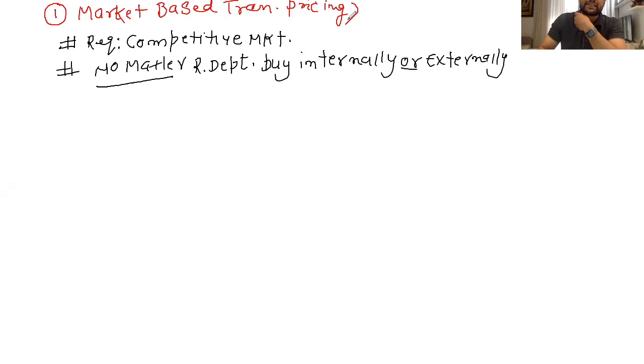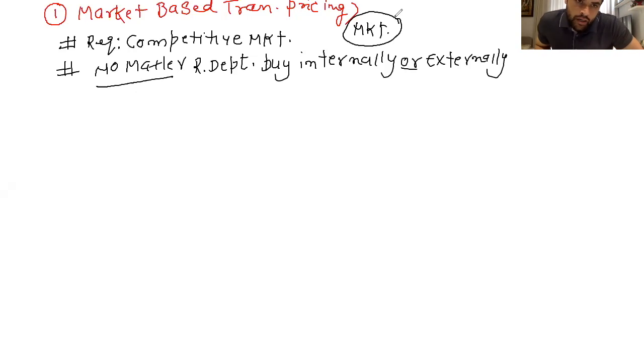Because the price is decided by the market. So the supplying division uses the same price which is available in the market. So in both situations, the cost of the receiving department or profit for the whole company will be the same, right?